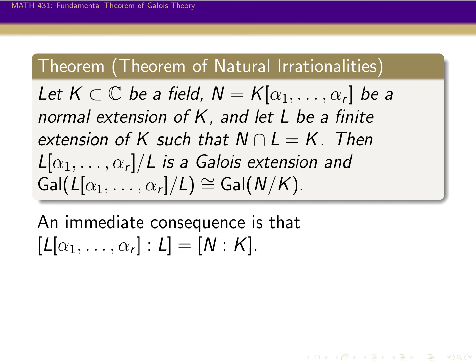And so if we draw this picture here, we have k here, n is normal over here, L some other extension, and the intersection between n and L doesn't contain any other fields above k. And then you have this L adjoin alpha 1 through alpha r up here.